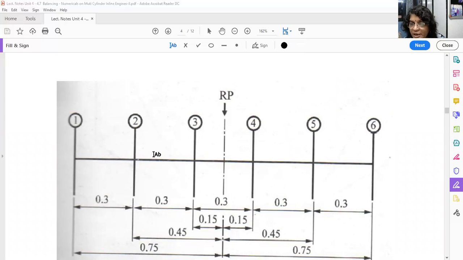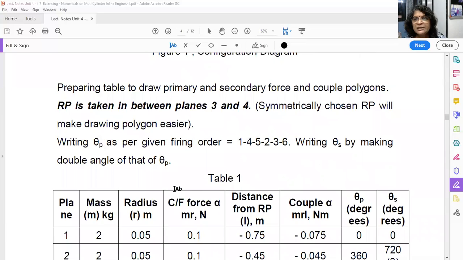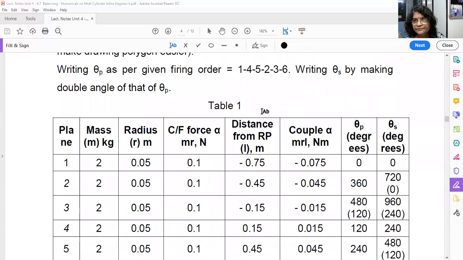For reciprocating engine problems, we have to always take reference plane to maintain the symmetry. So that means in the middle of the shaft. So we have to choose the reference plane between cylinder number 3 and 4 so that symmetry will be maintained.